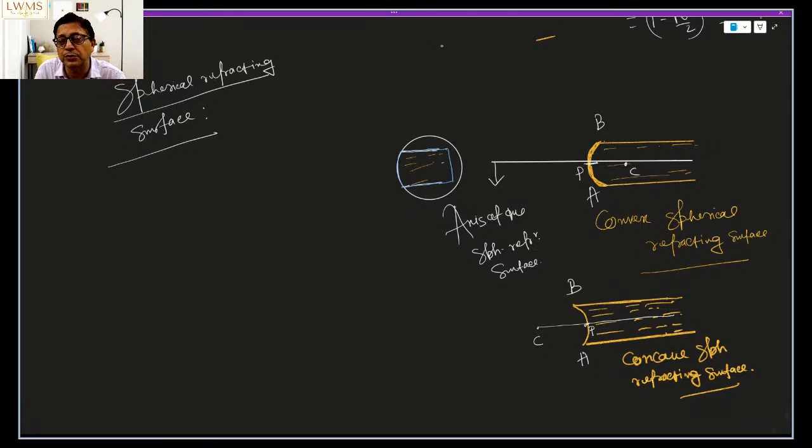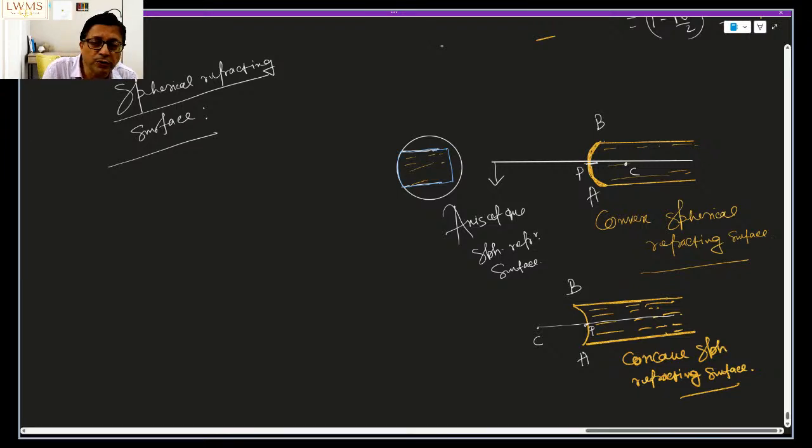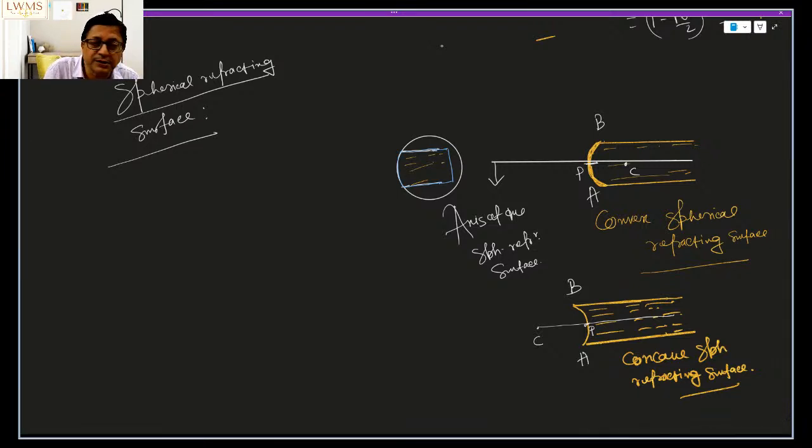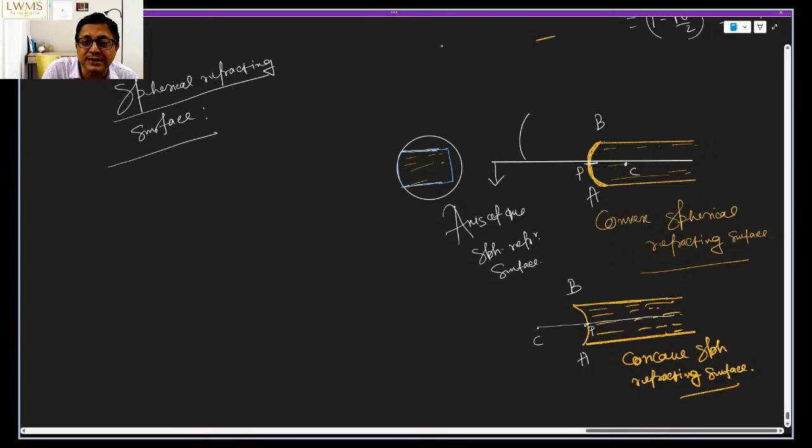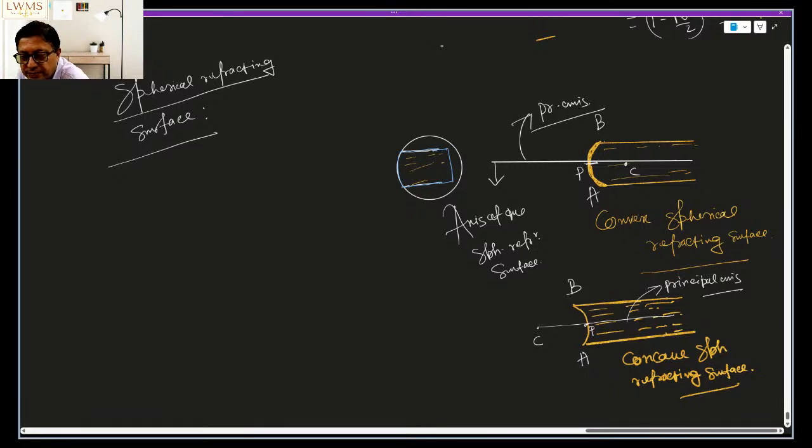Now join these two. If you refer pole, okay, no problem, and center of curvature, you get the principal axis. This is the principal axis.